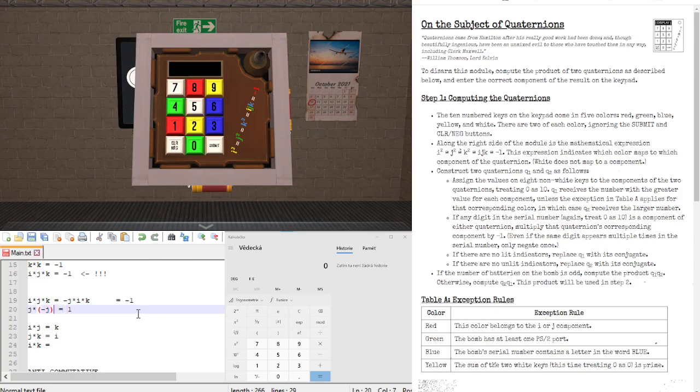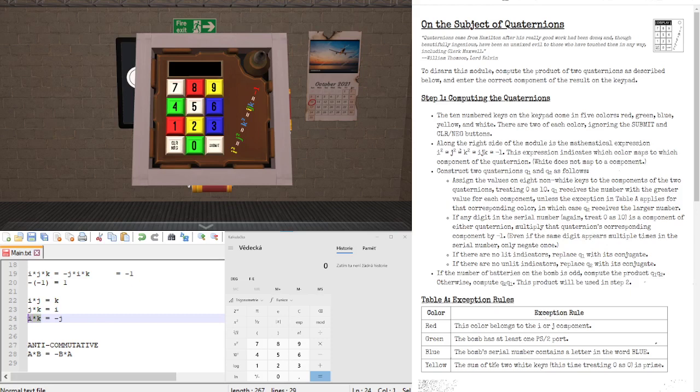So j times j is minus 1, and minus that is minus minus 1, which is 1. Therefore, i times k is minus j. And if we want to get rid of this minus sign, because it's anti-commutative, we can just swap the order of those factors to get k times i is actually plus j.